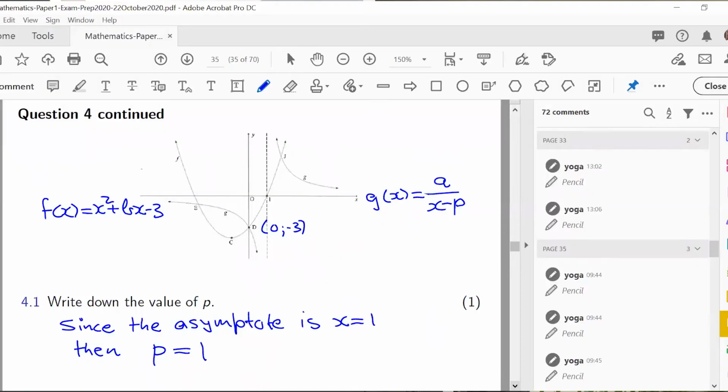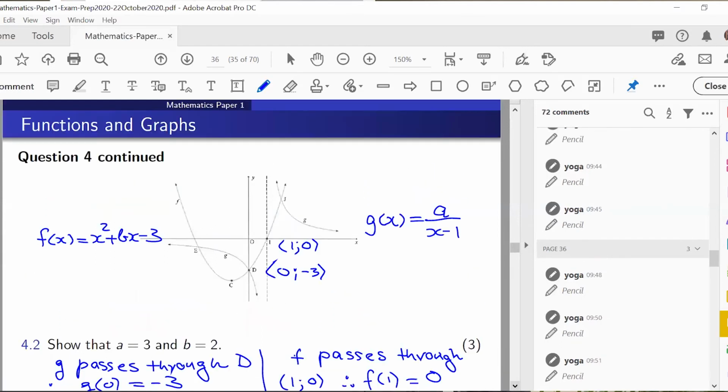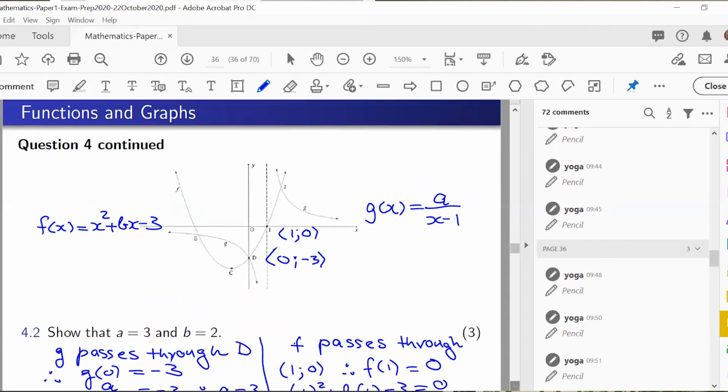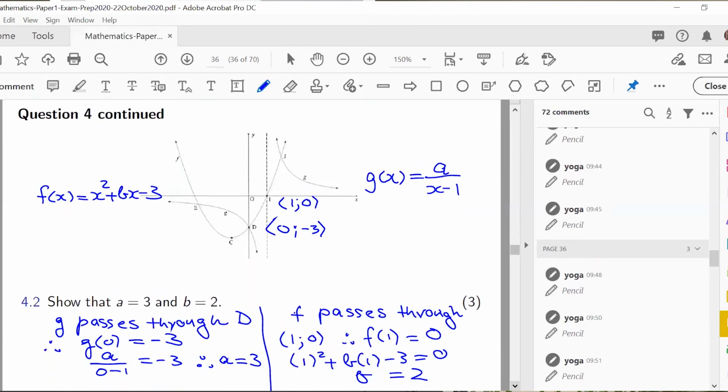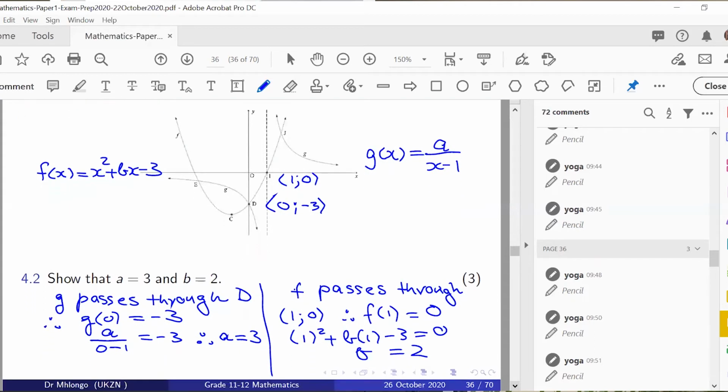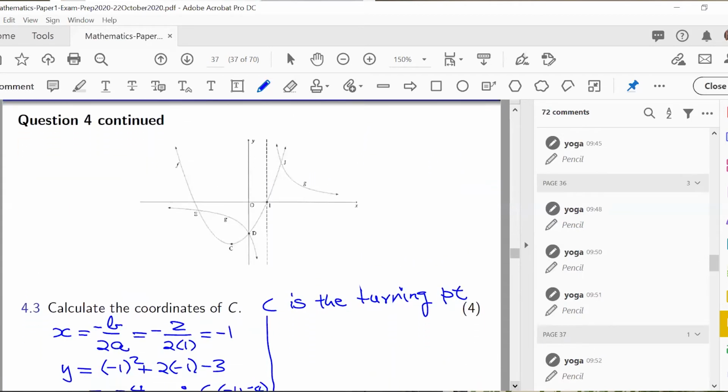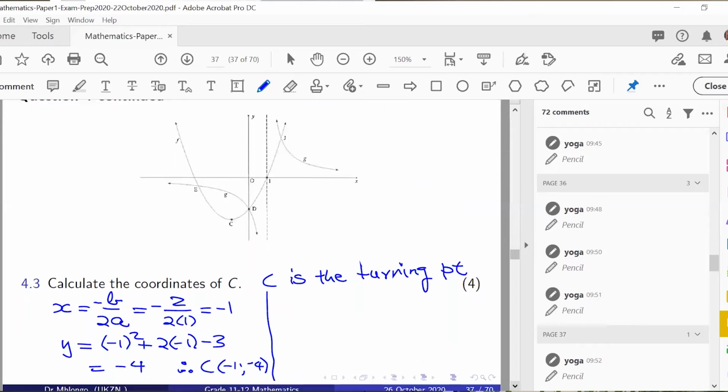Okay. Question 4. Well, we did this before, so I'm not going to do it again. The solutions were obtained previously for 4.1. Again, for 4.2, we calculated the values of A and B. 4.3, we calculated the coordinates of C, which was the turning point of the parabola.